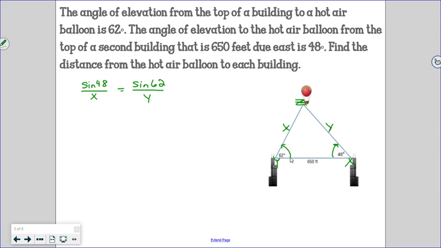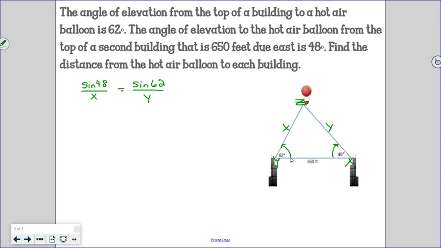We run into a problem. I've got two unknowns in my proportion. That's not going to work because I cannot deal with two unknowns in a proportion. We have to make some sort of adjustment or figure something out here.